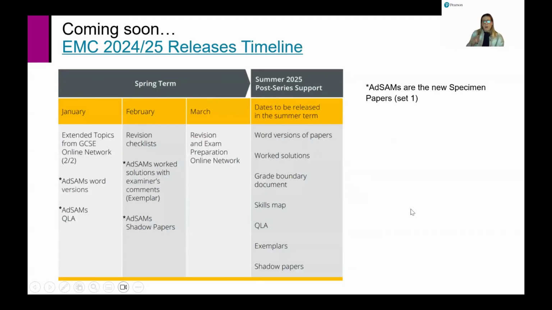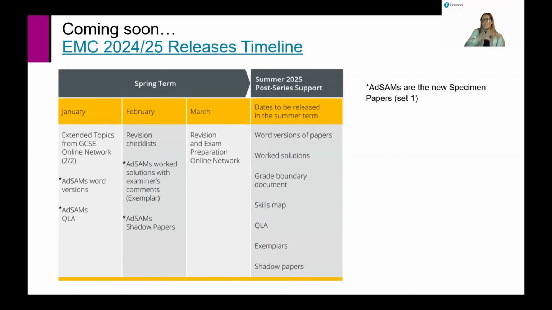We've got a timeline of releases. So again, this is on the Emporium. We've got a little hyperlink here. The additional SAMs, abbreviated here as ADSAMs, are the specimen papers. We didn't want SAMs confused with additional, and then we've got more practice ones coming out.